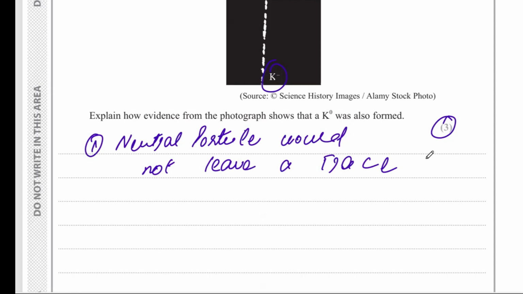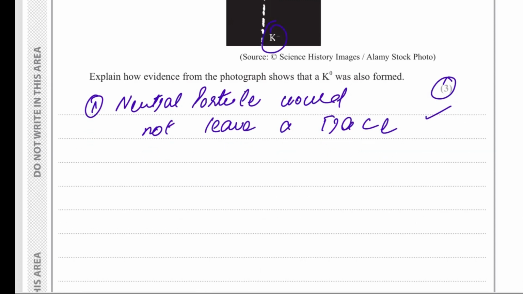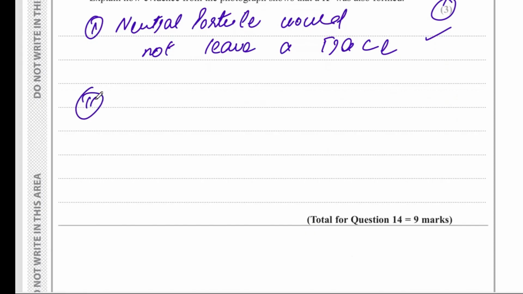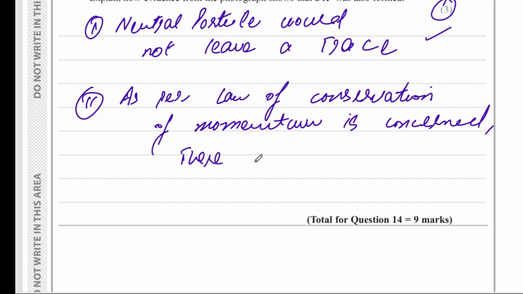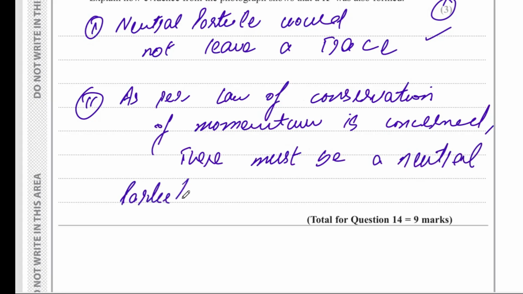And then as far as the conservation of momentum is concerned, since we have got neutrality on the right side, there must be a neutral particle going to the left as well, only to conserve the neutrality on the right side. Got it?